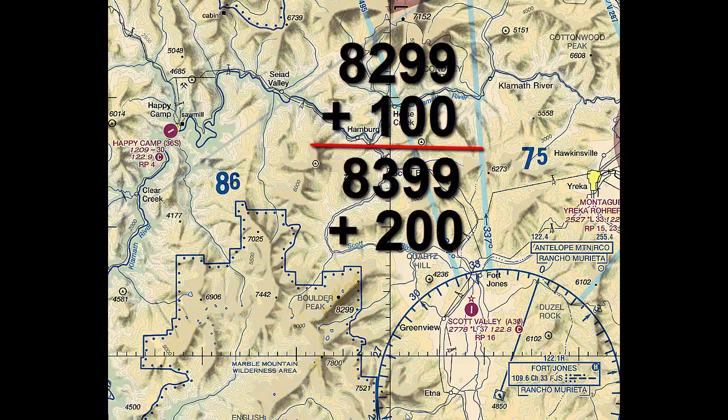So we go from the 8,299 feet, which is its actual elevation, to 8,399 feet if we include the error. Then we add the 200 feet for future growth of the tree, and that takes us to 8,599 feet. And then we just take this up to the next 100-foot level, because when we report the maximum elevation figure, we only show the thousands and hundreds. So that takes us to 8,600 feet.